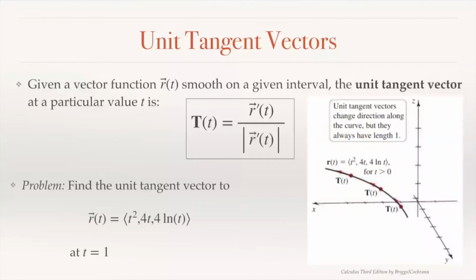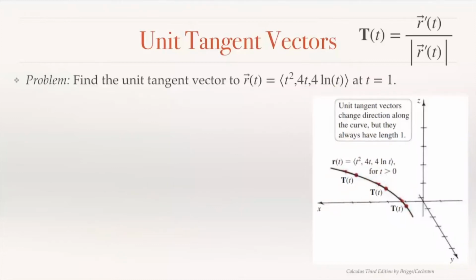So let's do an example. Find the unit tangent vector to this curve. It's the same one illustrated over here at t equals 1. Okay, so we know that r prime of t is the derivative of each respective component.